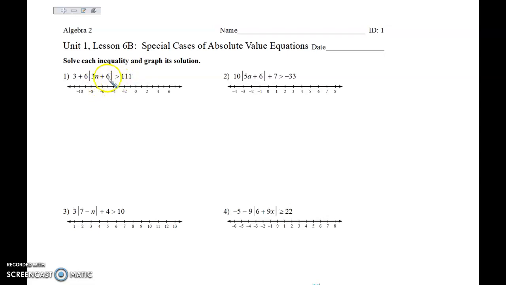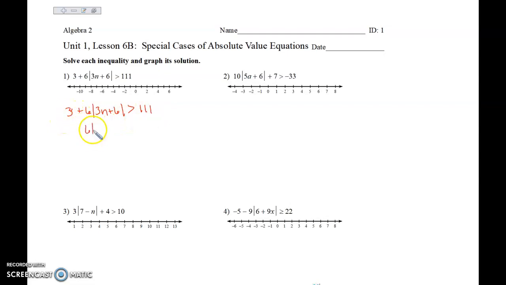Remember that you want the absolute value to be isolated on the left-hand side of the inequality, and that will help you determine whether this is going to be an and or an or. So with this one, you're going to subtract 3 from both sides.